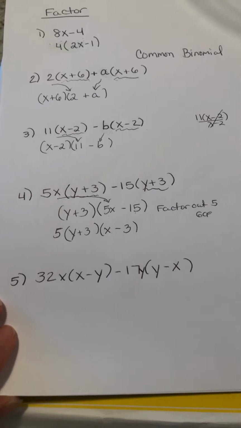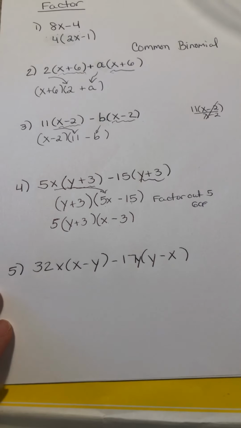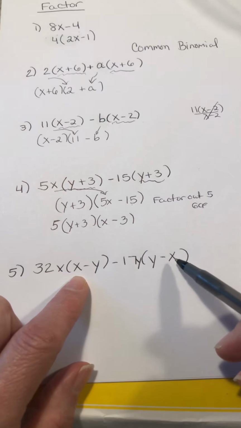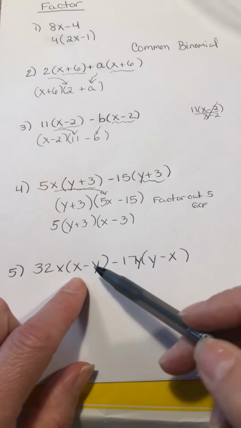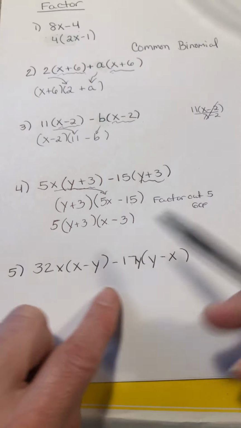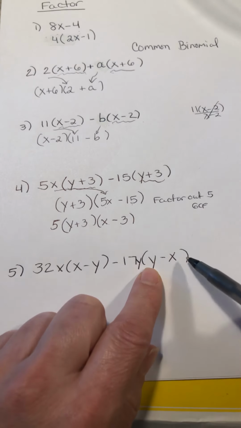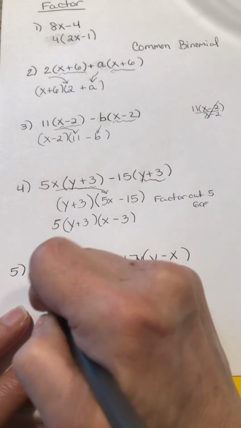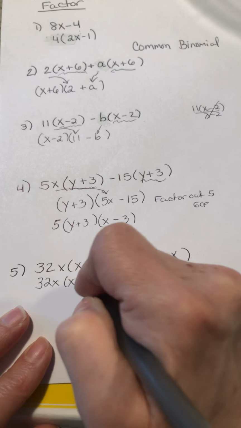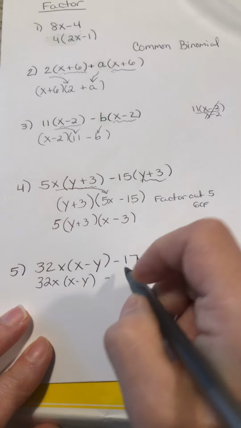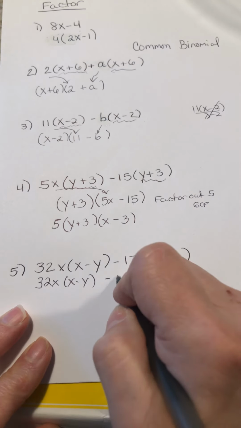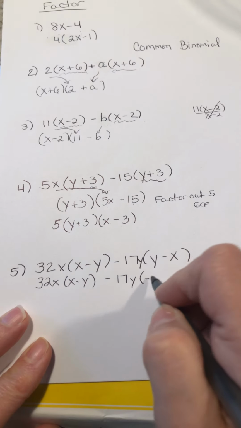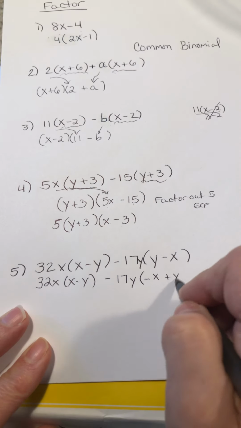So one more example. This one is a little bit different here. Notice how my binomial is not exactly the same. Over here I have x minus y, but over here I have y minus x. If I were thinking about rearranging this a little bit to 32x times x minus y minus 17y, if I move these two terms around, I'm going to have negative x plus y.